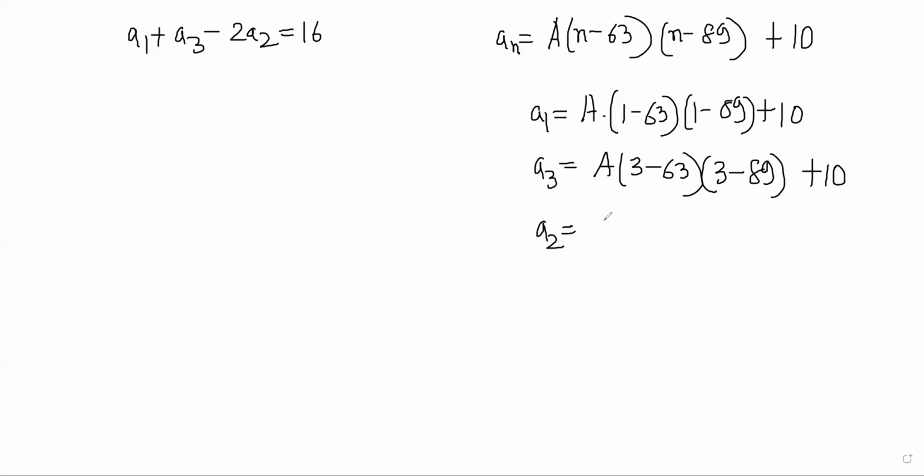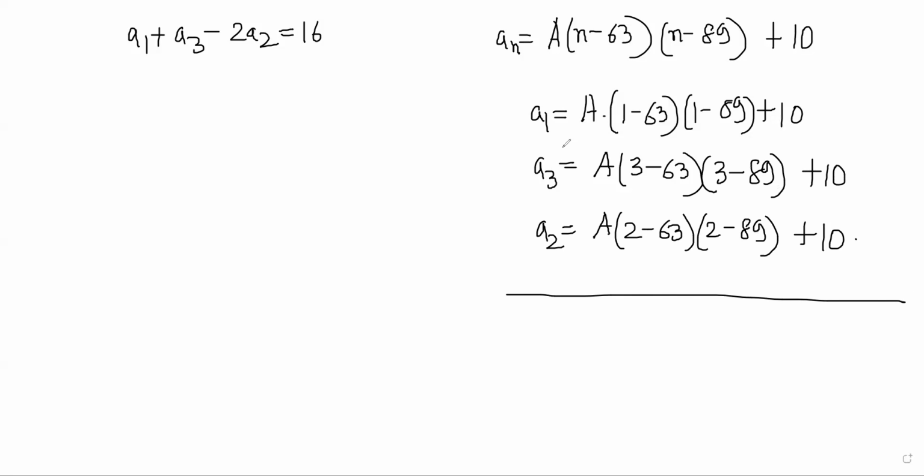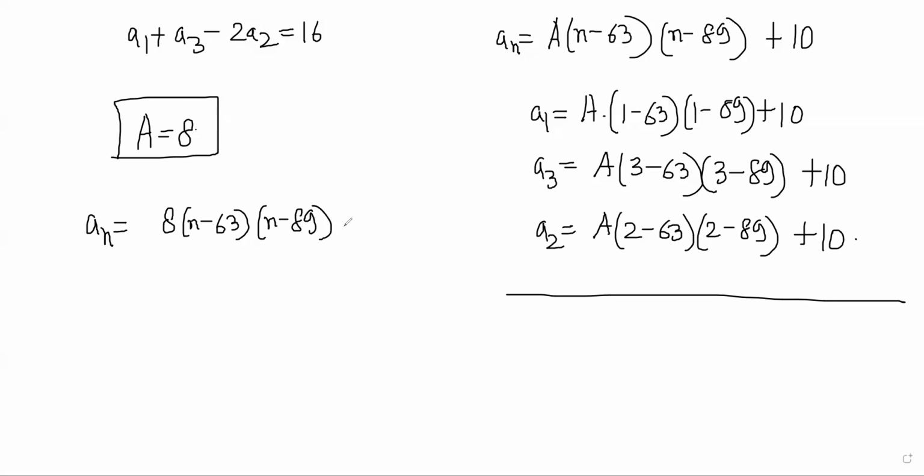And a2 is A into 2 minus 63, 2 minus 89 plus 10. If you just solve this, you will be able to get the value of A, and the A value comes out to be 8, which gives us an is equal to 8 times n minus 63, n minus 89 plus 10.